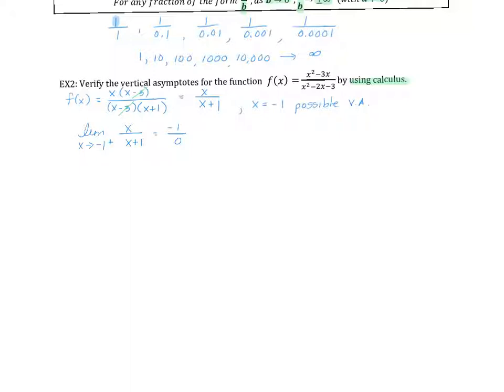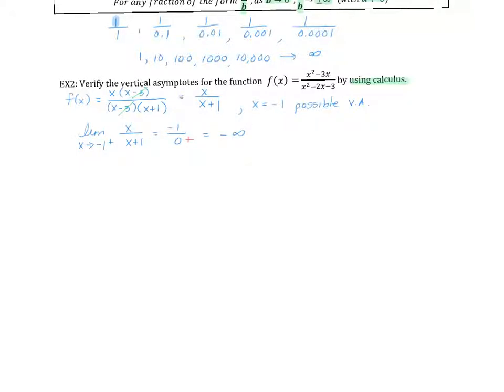That tells me I have a vertical asymptote. Am I approaching negative or positive infinity? Well, I'm looking at numbers that are larger than -1, so my denominator is going to be positive. So negative over positive would mean negative infinity.